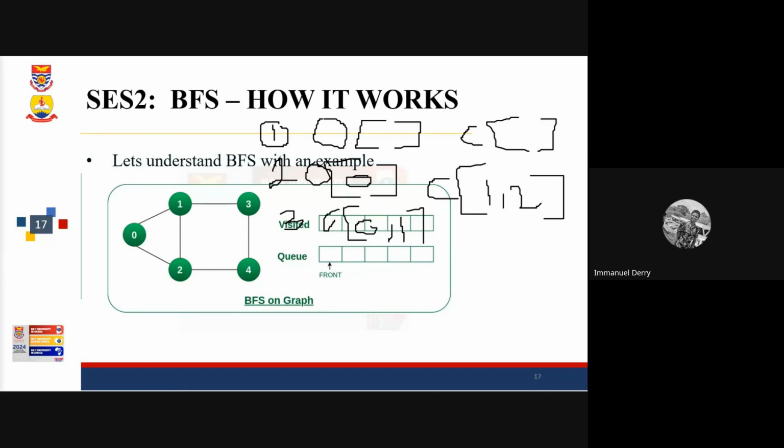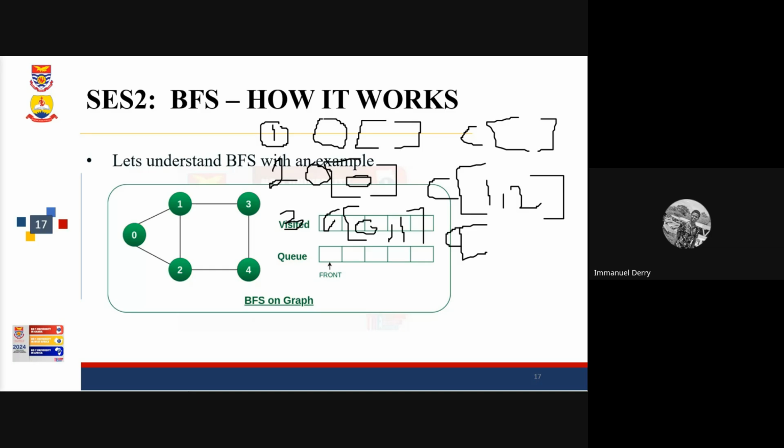And now in our closed list, who can tell us what will be in there? 2 and 3, right?